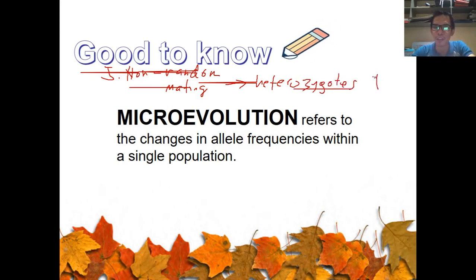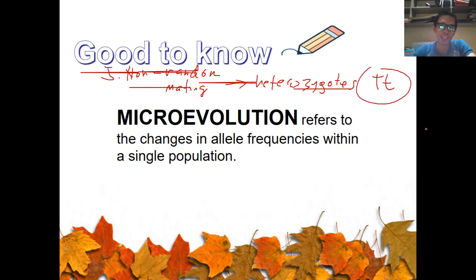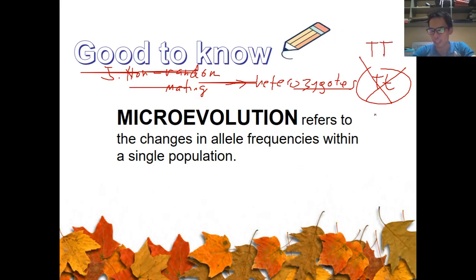For example, we have here the heterozygous tall. This heterozygous tall is eliminated in non-random mating. So it doesn't change the allele frequency, but it increases the chances of having homozygotes in a particular offspring.